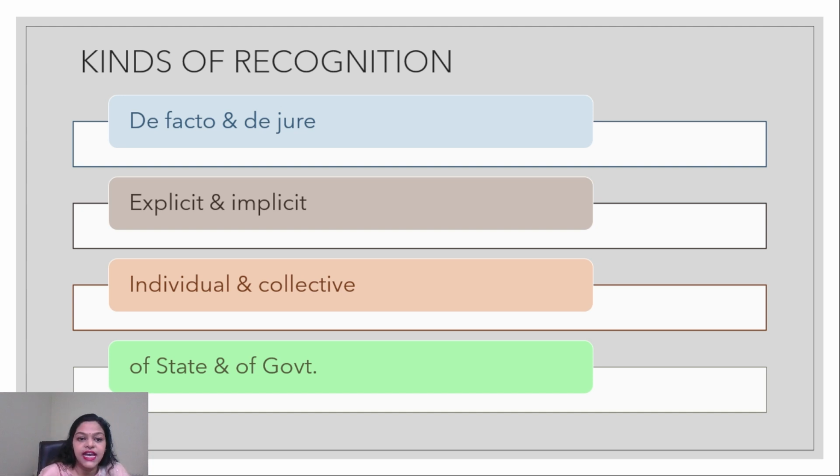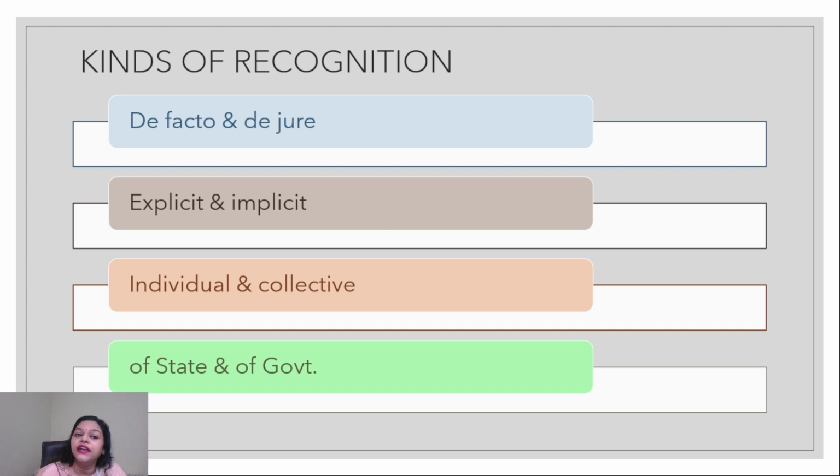So for example, Afghanistan is recognized as a state by most of the states of the world, almost all the states of the world. But when Taliban took over Afghanistan, the legitimacy of Taliban's government and the mode of toppling down of the then legitimate government of Afghanistan is a big question in the eyes of international law. So therefore, Taliban may be recognized as a government by some states.